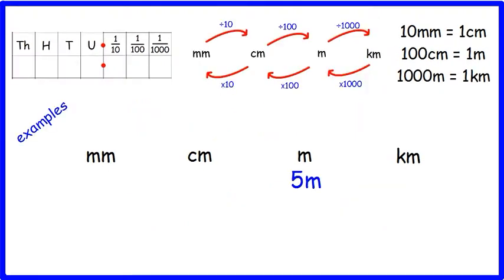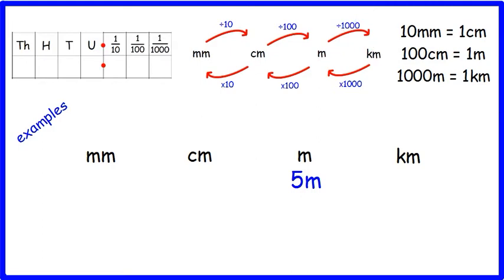Okay, so I've got 5 meters, and I want to convert 5 meters into centimeters, millimeters, and kilometers. Now, I'd assume we know how to multiply and divide by 10, 100, and 1,000. So that's the skill that's needed. To get this 5 meters to kilometers, I divide by 1,000.